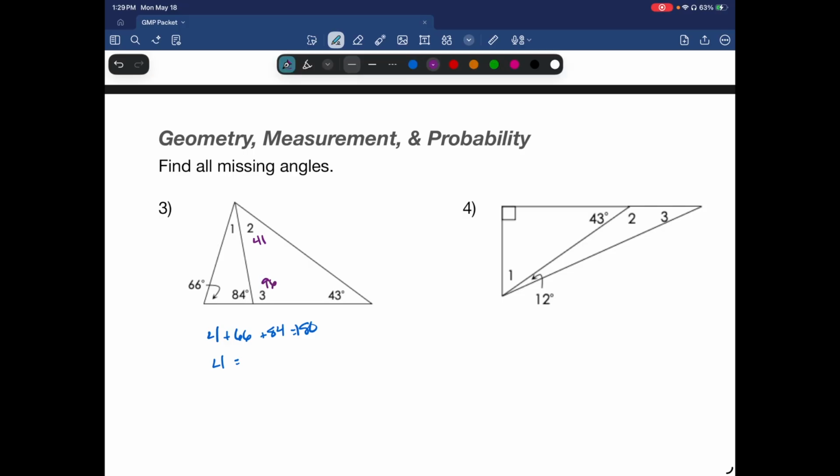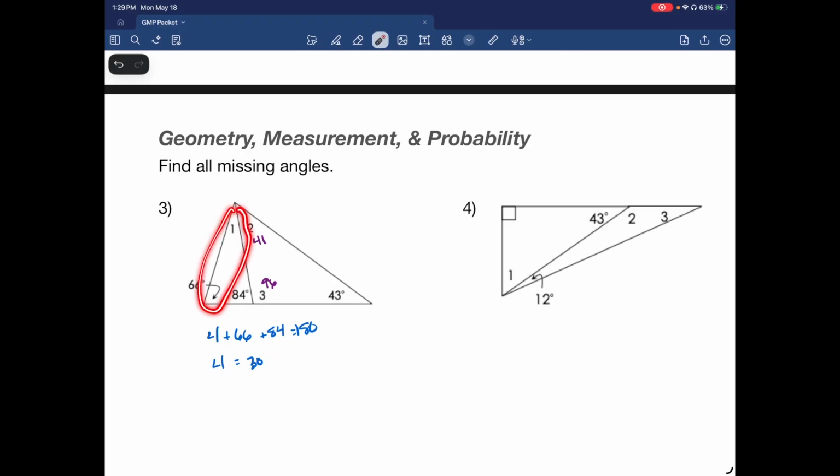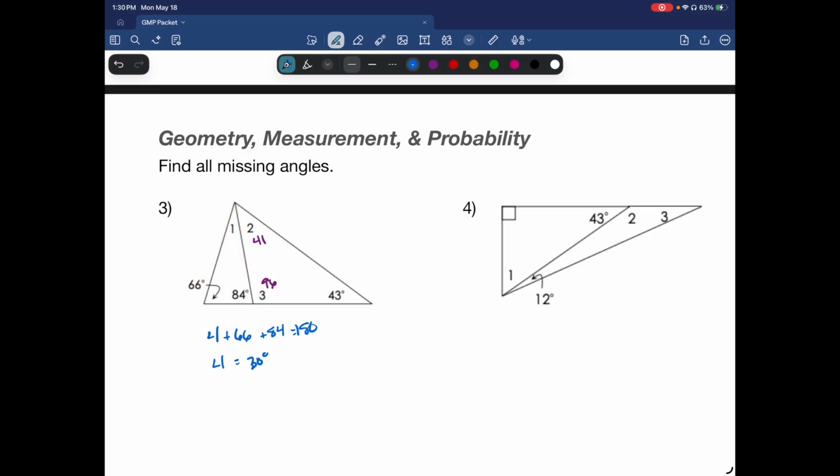And so you can do that and get that this is 30. Or you could say that 1 and 66 is going to give you 96, which tells you this is 30 as well. So angle 1 is 30. Angle 2 is 41. Angle 3 is 96. There you go.